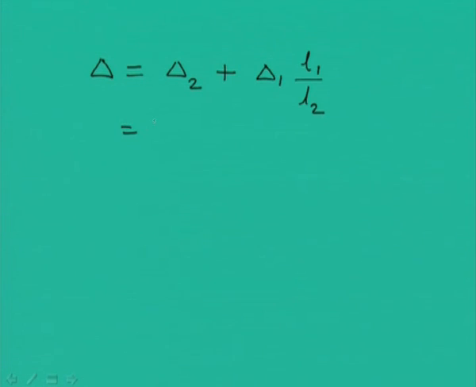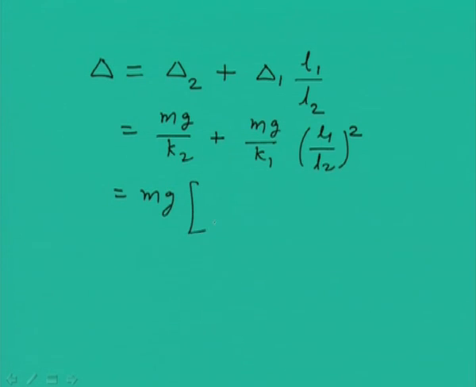Now we can substitute the values of these here, and we can get the total static deflection of the mass m, and this can be simplified as this.